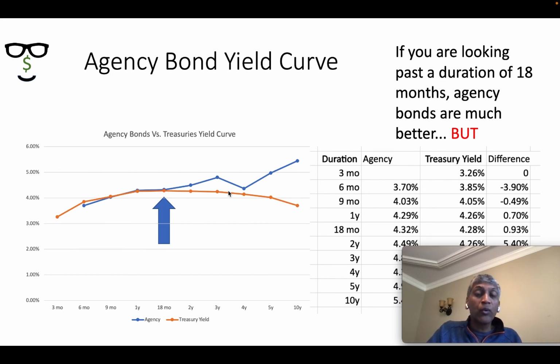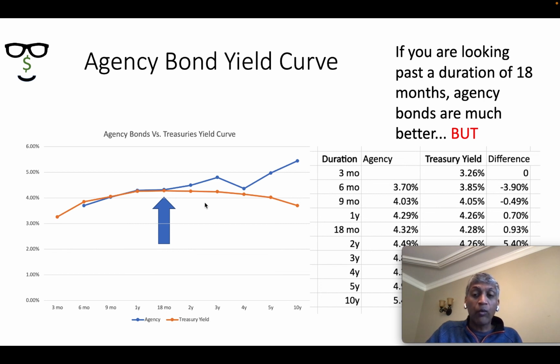And then we have shown the agency yield curve on top of it, and you can see how if your duration is between 18 months and approximately 3 years, and we'll talk about a couple of exceptions to this later, if your yield curve is longer than 18 months, it looks like agency bonds are fantastic alternatives that give higher yield.